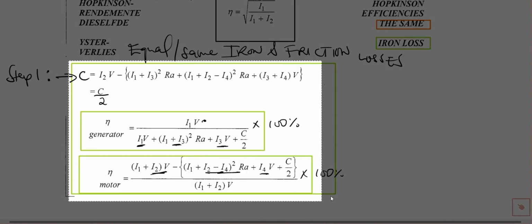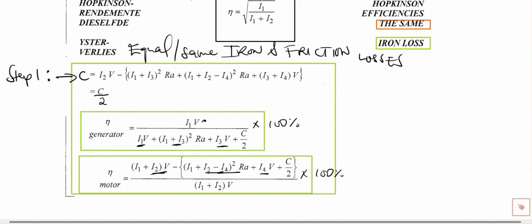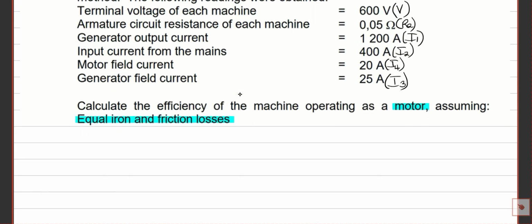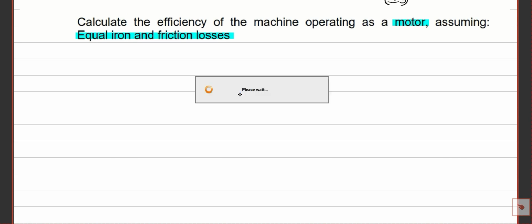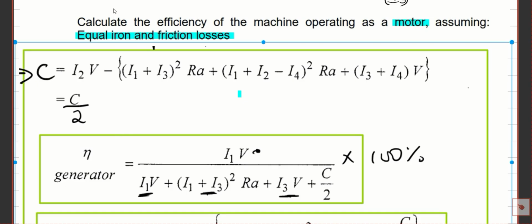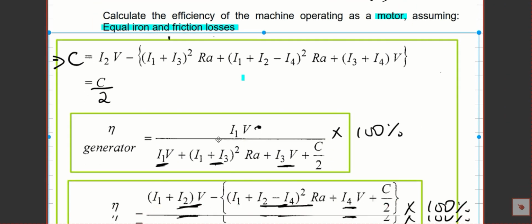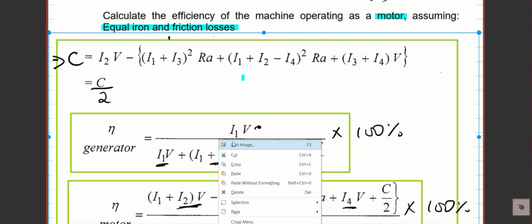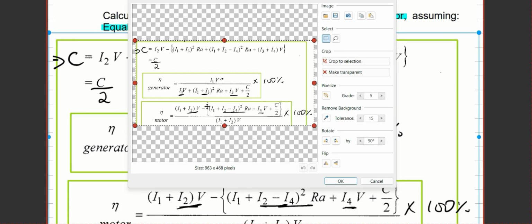So the formula for C, that's where we will be starting with our calculation. Okay, let's crop this because we're starting with the formula for C.